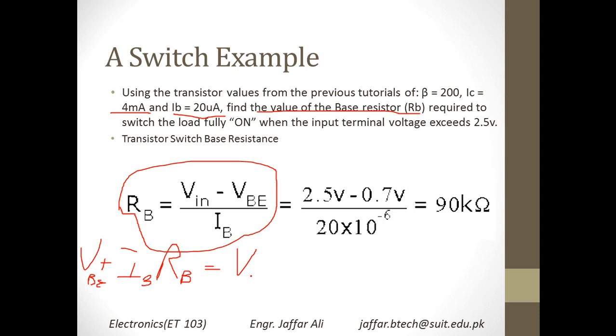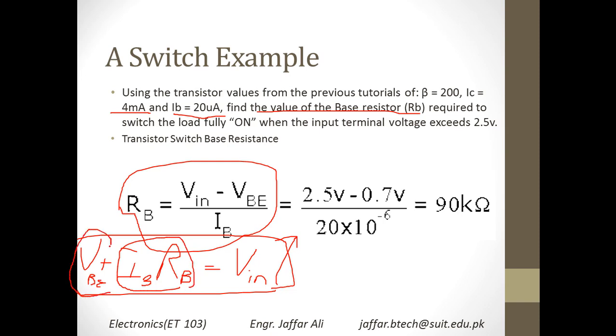So you can see this is the KVL equation, that the voltage rise is equal to the voltage drop. There was one rise and two drops: one across the resistor and one because of the PN junction, that is 0.7. So one rise is equal to the sum of two drops, and if you rearrange this equation to find the value of RB, you can easily get the equation.